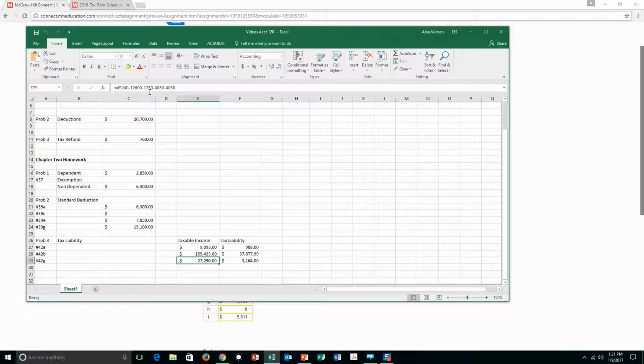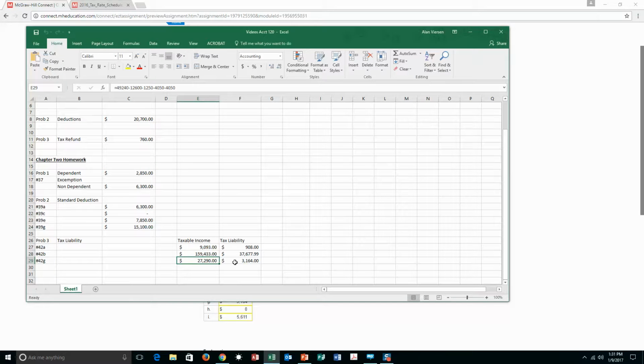Because of her age, she gets another 1,250. One exemption for herself, one for her dependent. This is the total amount of taxable income. Click on the tax table, and our tax liability is going to be $3,164.